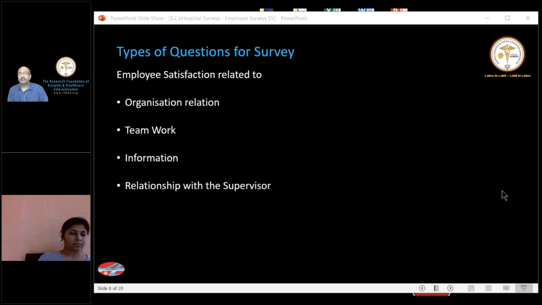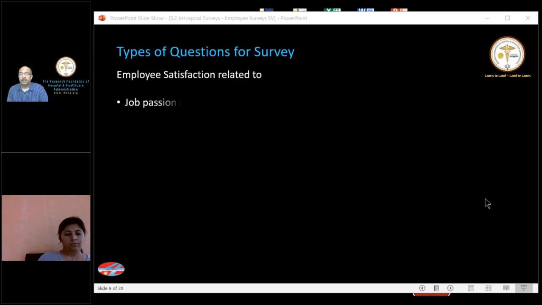And then you could have the relationship with the supervisor. This is again somewhat linked to the teamwork, whether the employee is able to function efficiently and effectively within this small unit, we call it the sharp end of work, where the work is actually happening. Then we could have questions relating to job passion and self-evaluation.